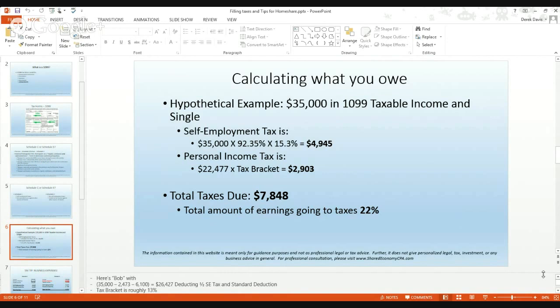So that brought me down to the $22,000 mark, which multiplied by your marginal tax bracket is around $3,000 or a little south of that. So the total taxes that would be due is $8,000, which is a lot of money. And this is also assuming that you are not keeping track of your business expenses. So the total amount of earnings that you have going towards taxes is approximately 22%.